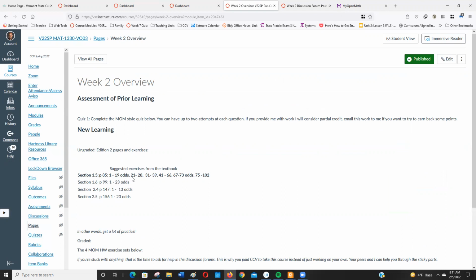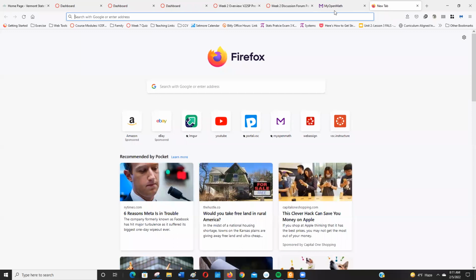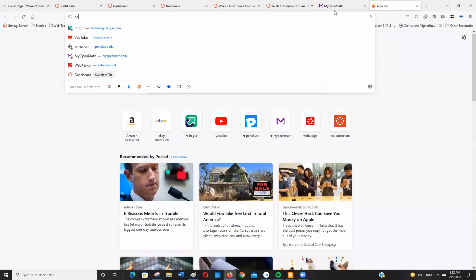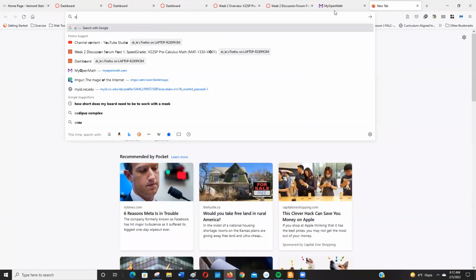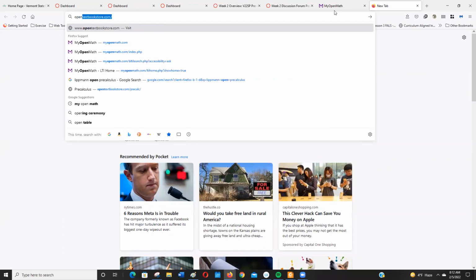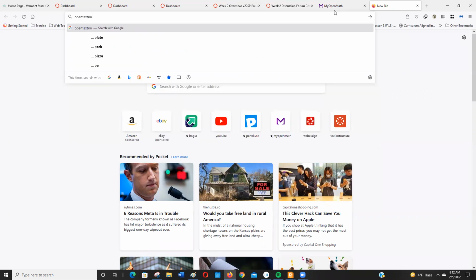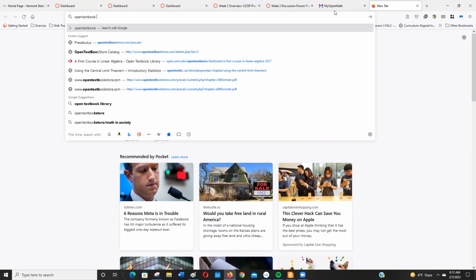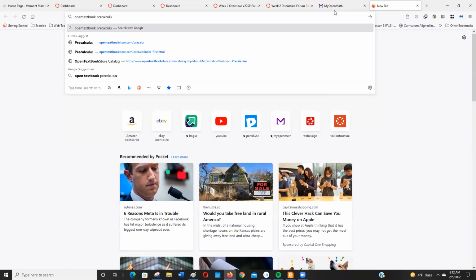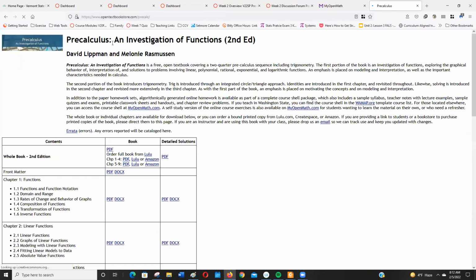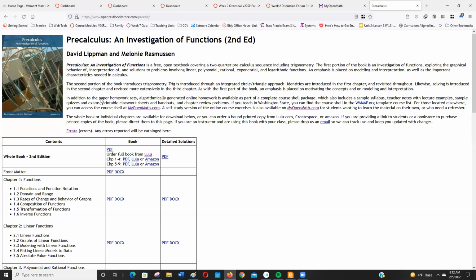Now, all of these odd numbered exercises have worked out solutions. I think I've got them in the course, but if you search for open pre-calculus open textbook, it should take you, or at least it automatically takes me, here.